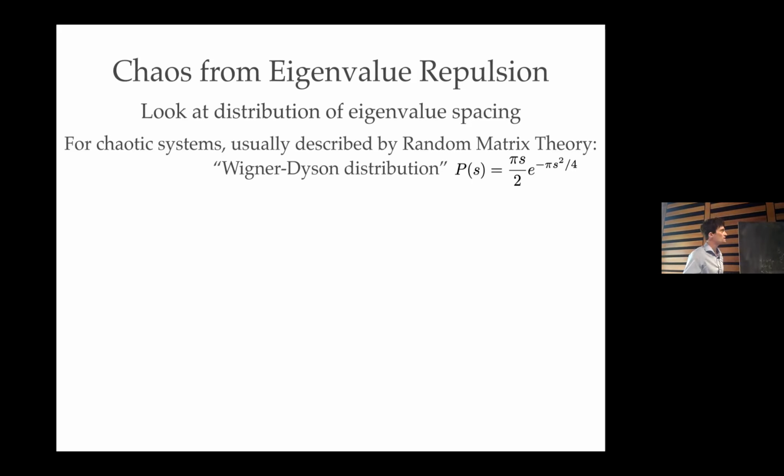And in a chaotic system, these are expected to follow what's called the Wigner surmise or the Wigner-Dyson distribution. The story goes that there was a conference a long time ago on nuclear physics, and someone randomly asked if anyone had an idea for what the distribution of energies in atomic nuclei should be.